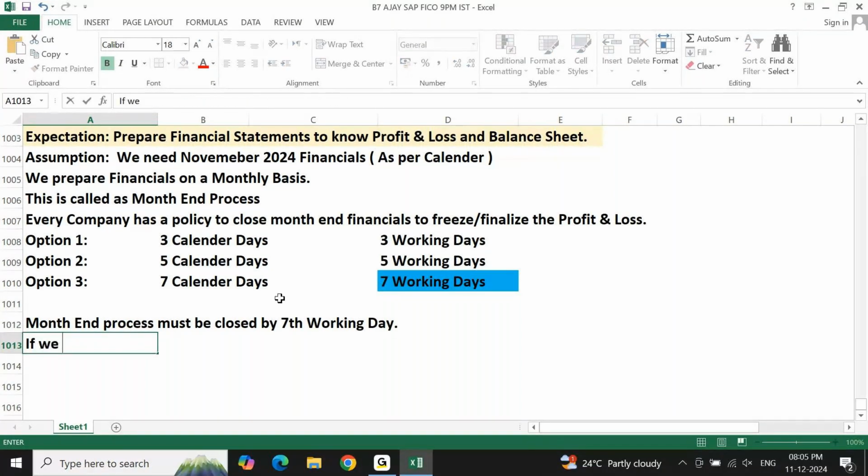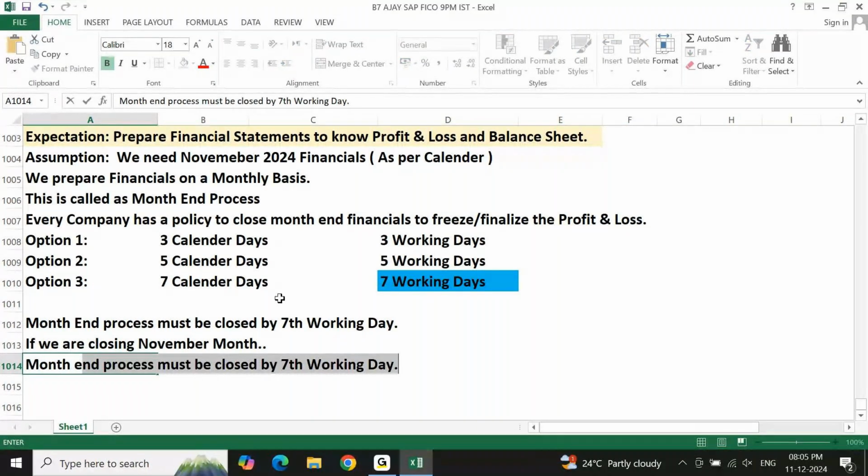If we are closing the November month, the month end will fall on the December 7th working day. Is my statement correct?